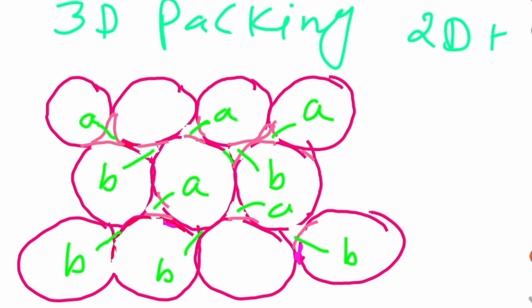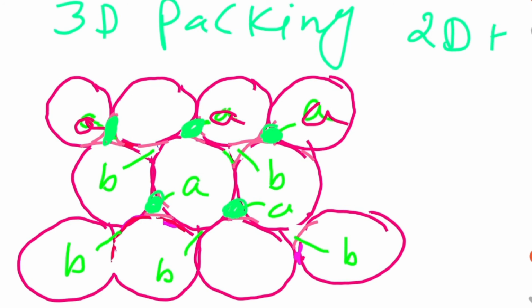I have written them differently. Why? The upper voids, what did I assume them to be? Voids A. Suppose I am making a green color over there. See, where the green color is here, they are the upside voids.